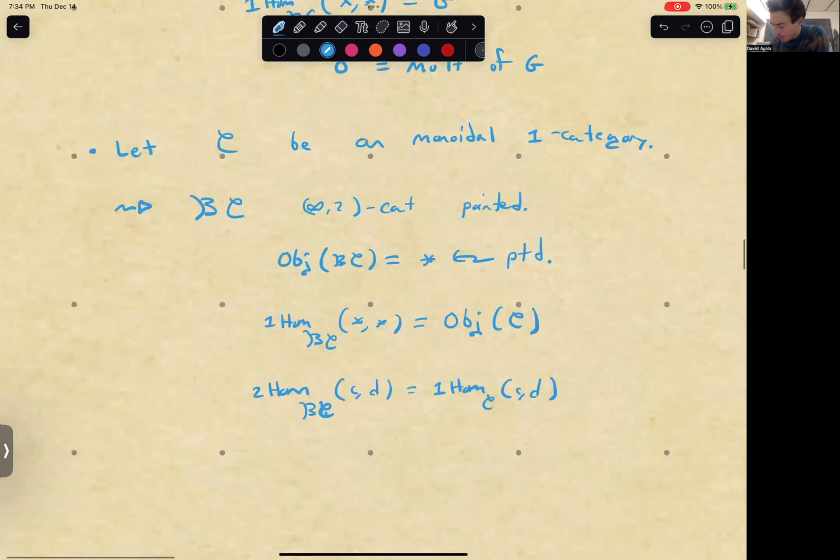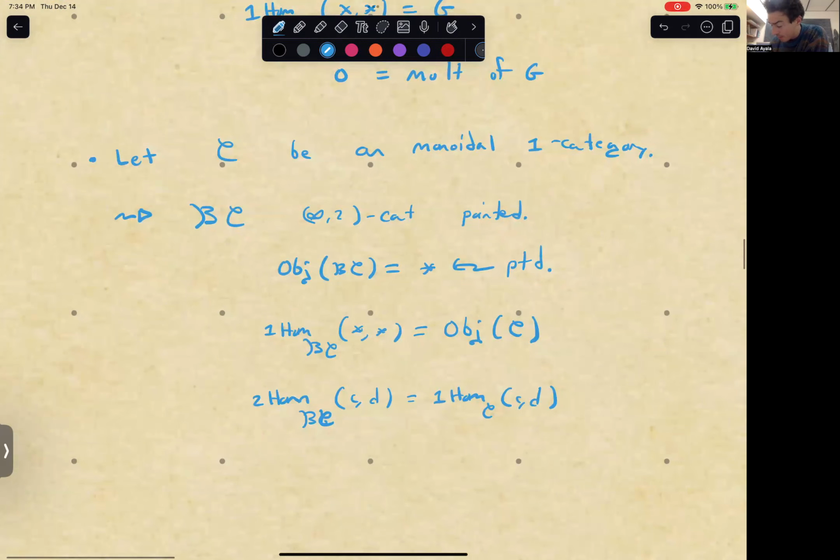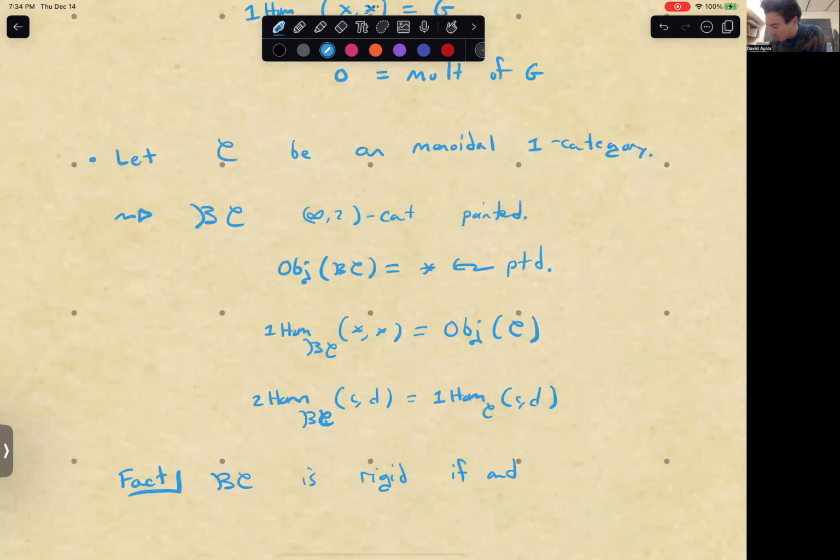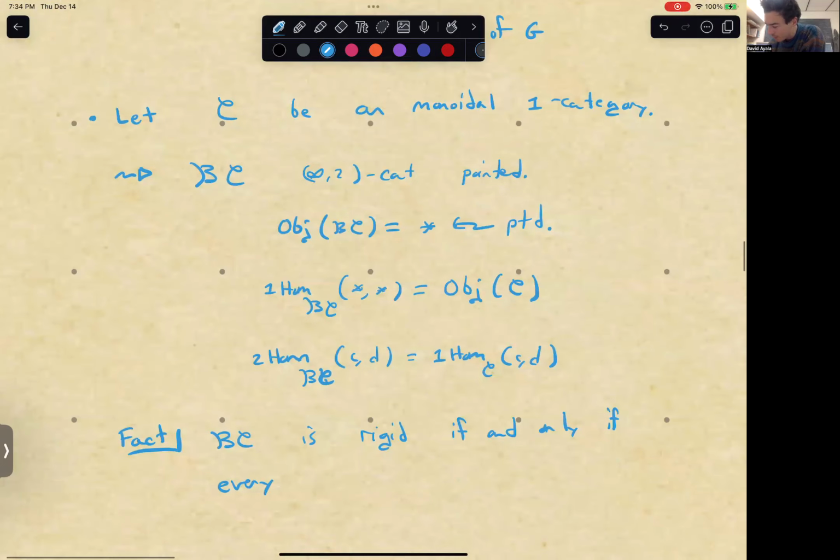And it turns out, I name this as a fact, but it's an easy fact once one knows the definition of rigid, that BC is rigid if and only if every object, oh, whoops, I forgot to say what the composition rule is.